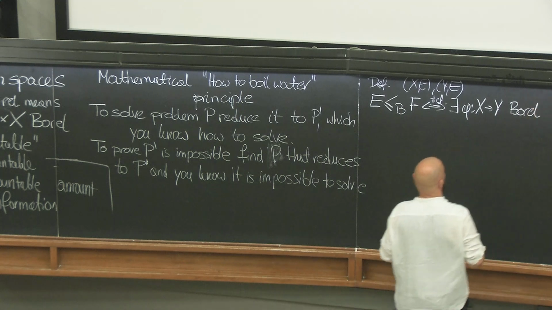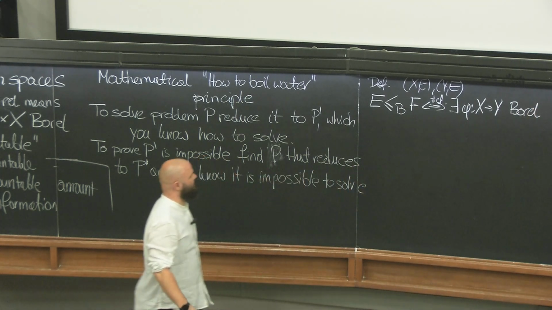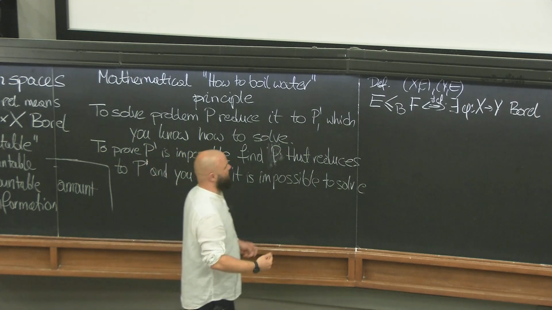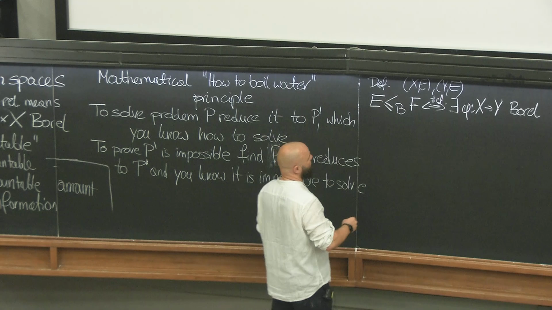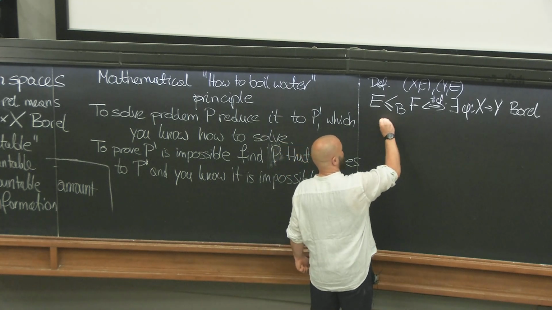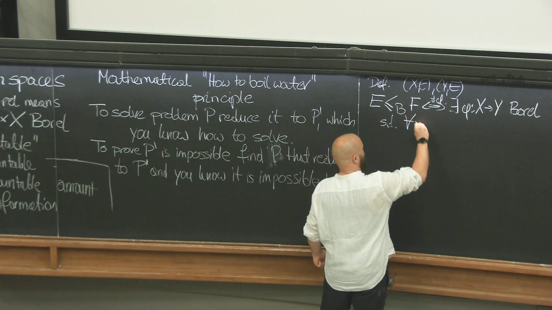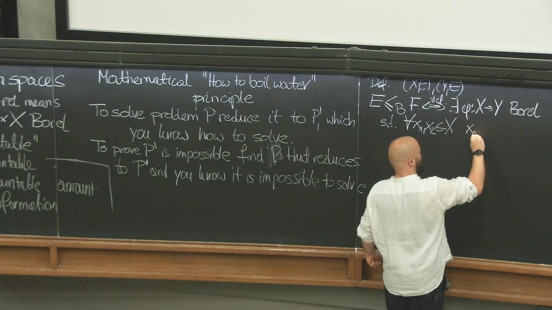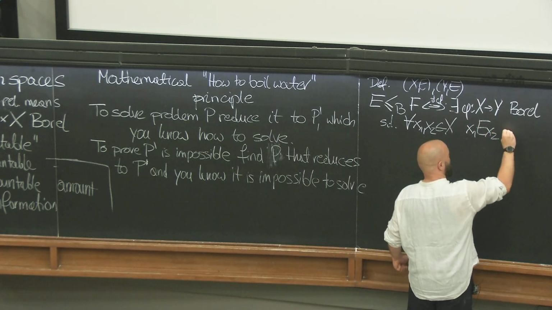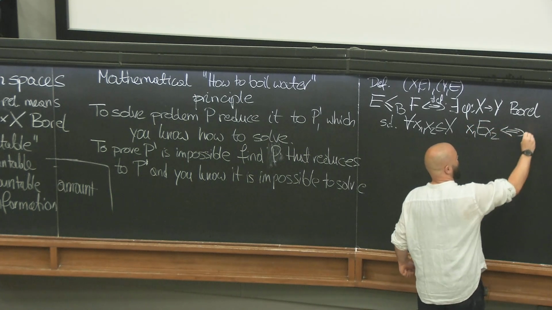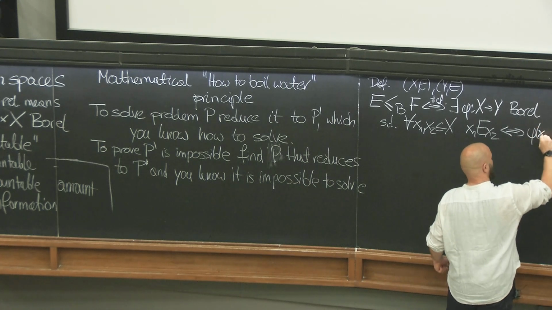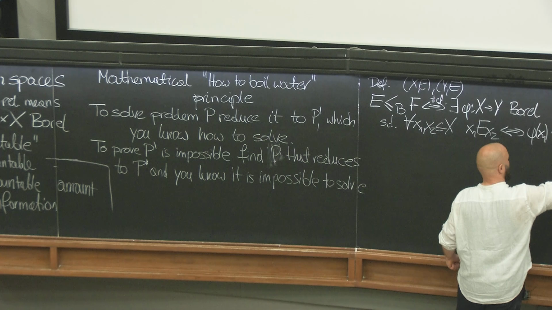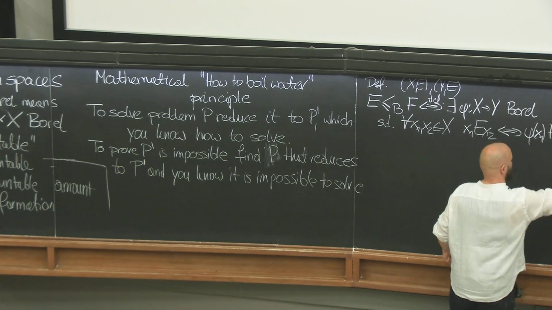We only consider Borel reductions because Borel functions are something we can compute. This is the principle of computability we use, such that for every x1, x2 in X, x1 is in relation E with x2 if and only if phi of x1 is in relation F with phi of x2.